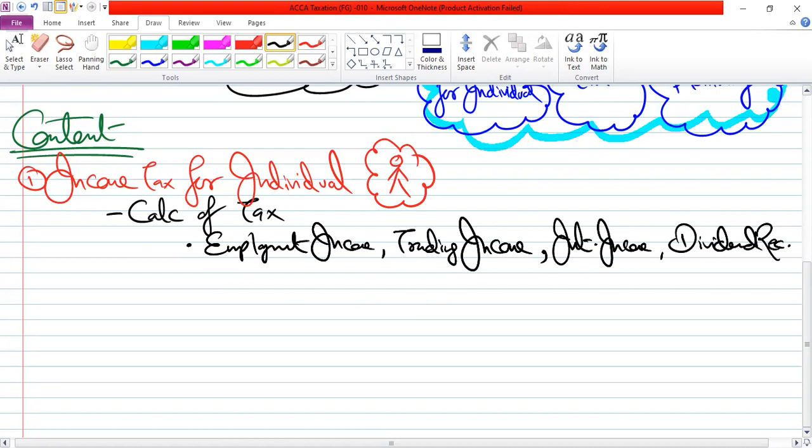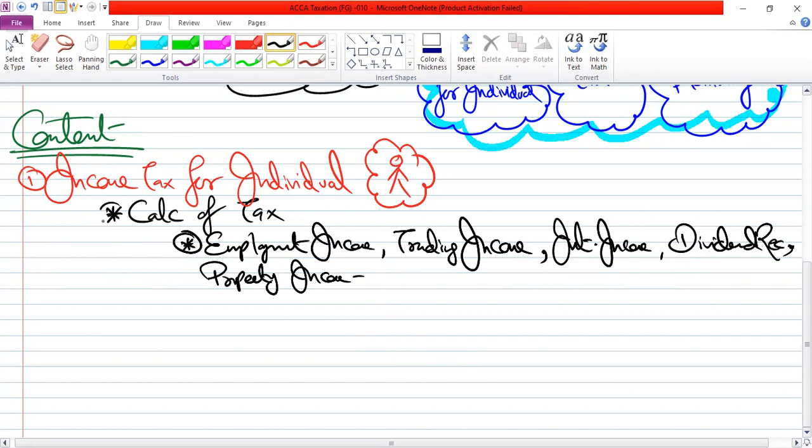Then one more income, which is called property income. 1, 2, 3, 4, 5. 5 types of incomes which we are going to learn in this topic. And some additional small theories, small areas we are going to cover, like pensions and this and that, which are small topics, but these will all be covered in this one.